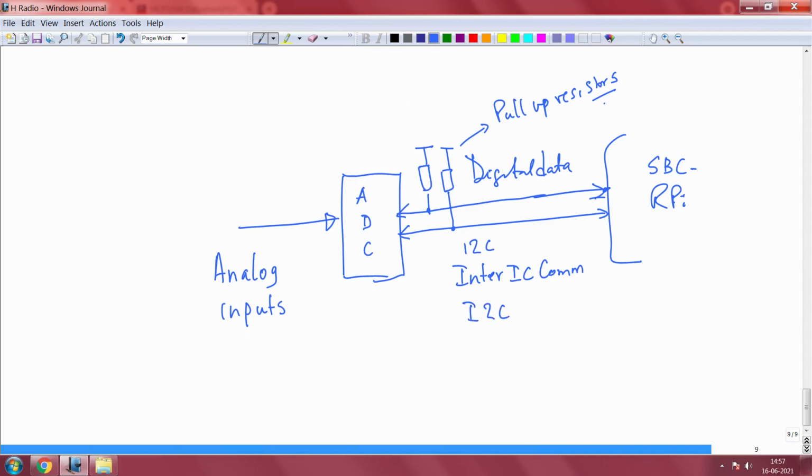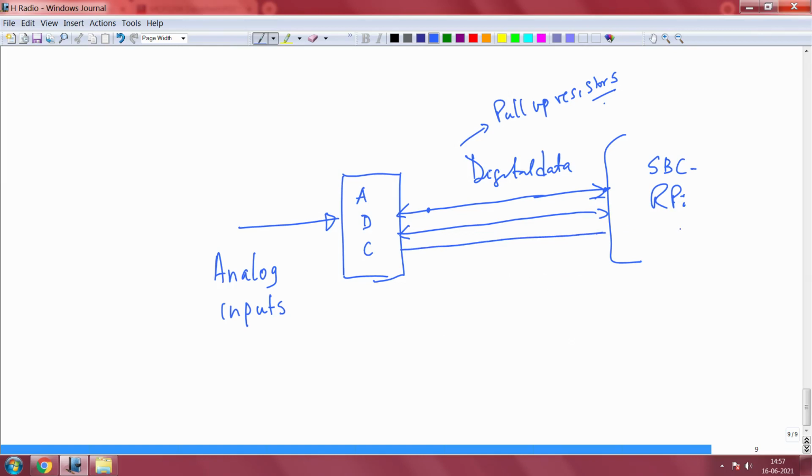Sometimes you may want to do it over 3 or 4 wire, in which case you will still have these 2 lines, plus an additional third line which could be unidirectional, and then another line.